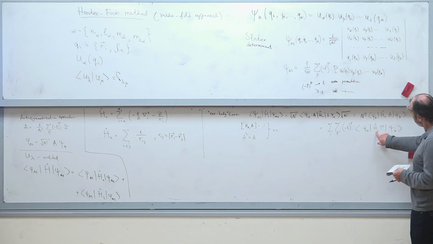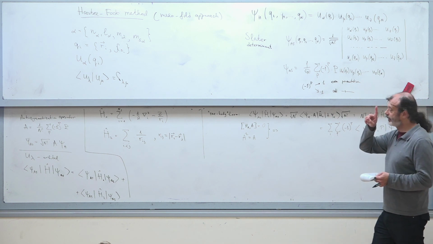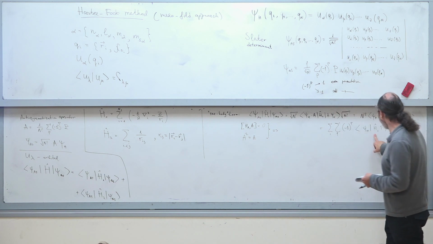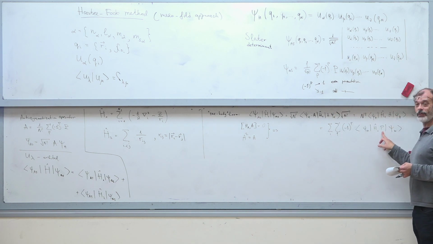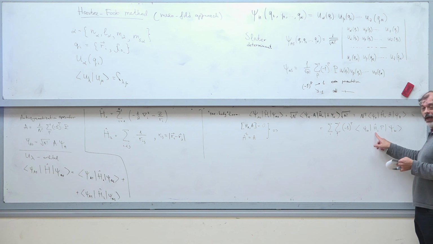So now the point is that H_i acts on a single electron. It's a one-body Hamiltonian. So if it acts on a single electron, it doesn't depend on the permutation. If I exchange the position of two electrons, this will not change anything from the action of this operator on this Hartree wave function.